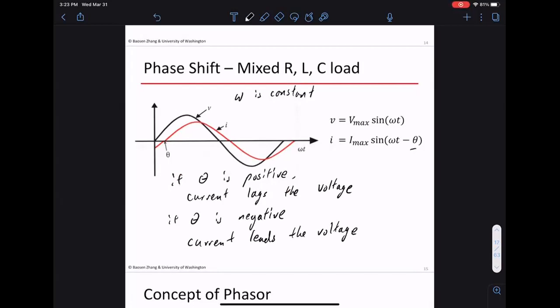Here we're going to restrict theta to be between minus 90 degrees and 90 degrees. Normally the convention is that voltage has angle 0, since you can pick the reference angle. Then you look at the current angle with respect to the voltage, and depending on the sign of this angle, you decide whether it's lagging or leading the voltage. Questions about this notation?